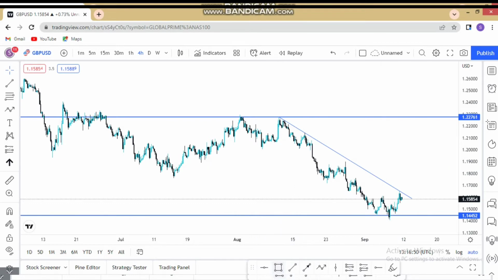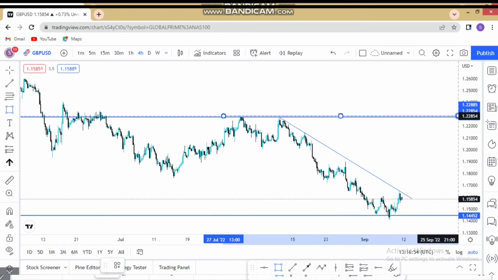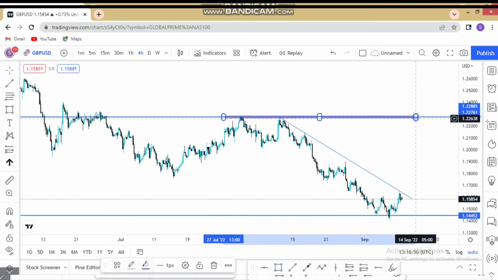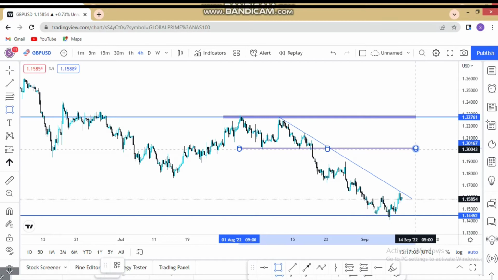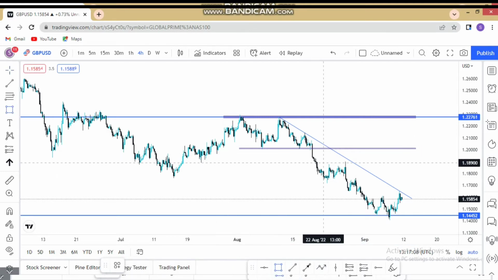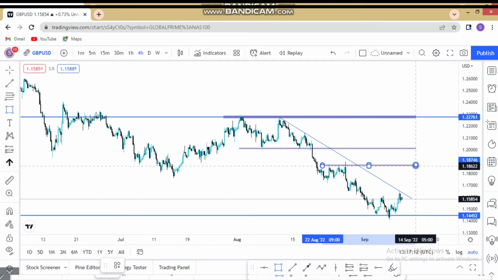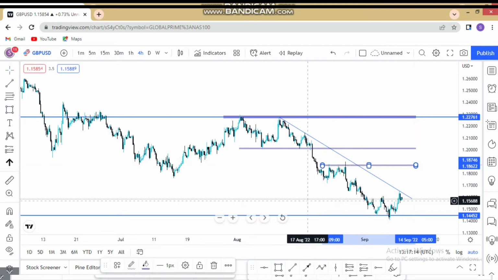So yeah, guys, we can just put our resistance to make it clear. Now we're just putting our resistance and support zones. These areas are just the support and resistance zones, guys.